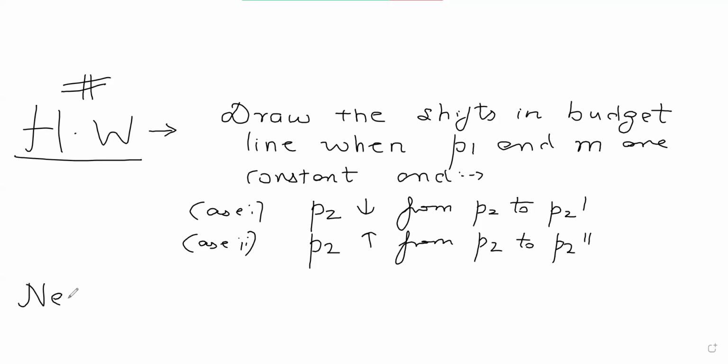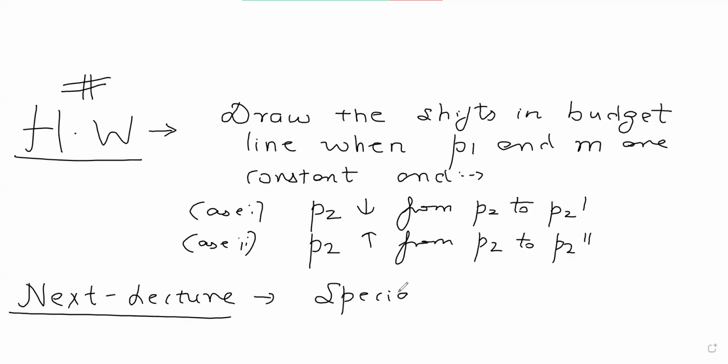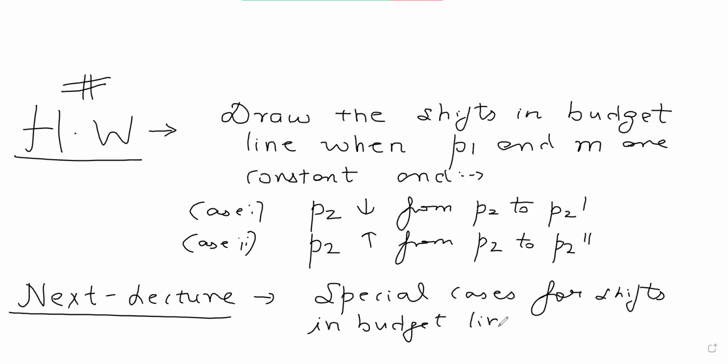And in the next lecture, we are going to look at special cases for shifts in the budget line. So now in the next lecture, we are going to learn what happens when multiple factors change. What happens when income and prices both change.